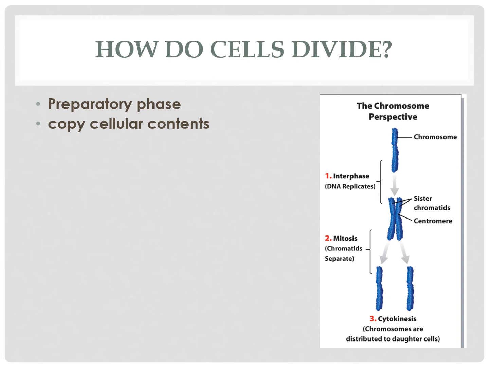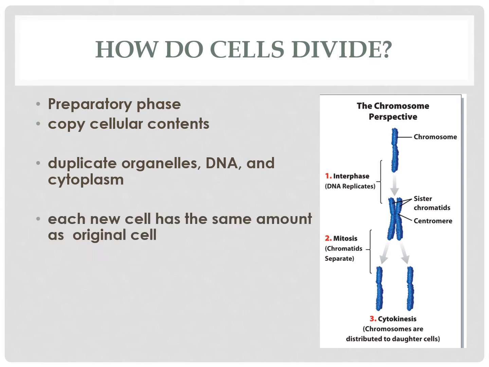And the preparatory phase is just like it sounds. We're prepping to be able to divide. And since we're not just getting smaller every time, we've got to copy all of those cellular contents. So we've got to duplicate all of the organelles, the DNA, and the cytoplasm. Remember, each new cell has the same amount as the original cell, so you've got to double everything that you originally had. This phase collectively is called interphase.